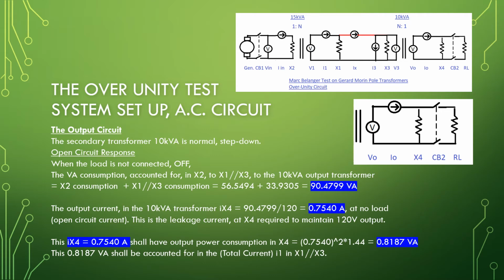This 0.8187 VA shall be accounted for in the total current I1 in X1, X3.